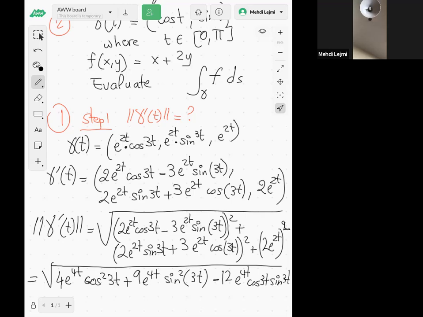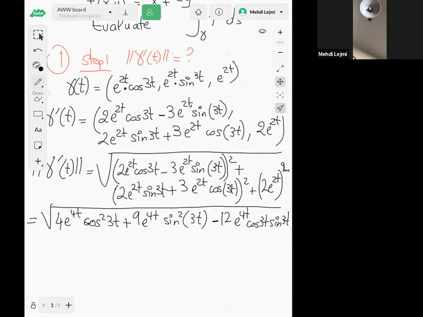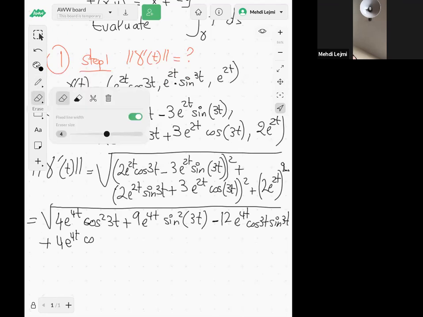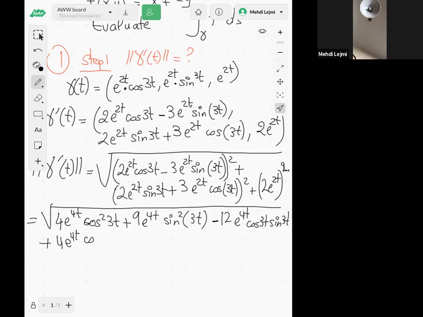This is just the first square, plus the next square: 4 exponential 4t sine square 3t plus 9 exponential 4t cosine square 3t plus 12 exponential 4t cosine 3t sine 3t.